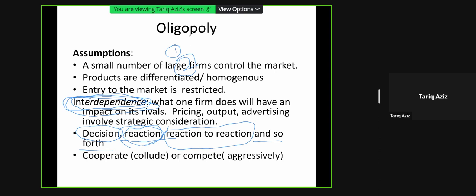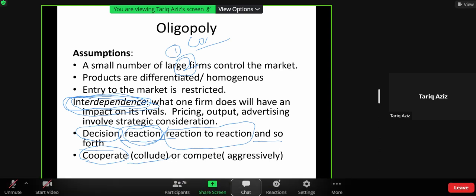The first possibility is cooperation. The firms may decide to cooperate with each other. This cooperation is also called collusion. They collude, they develop some understanding among themselves that we will behave like that. We will cooperate with each other.